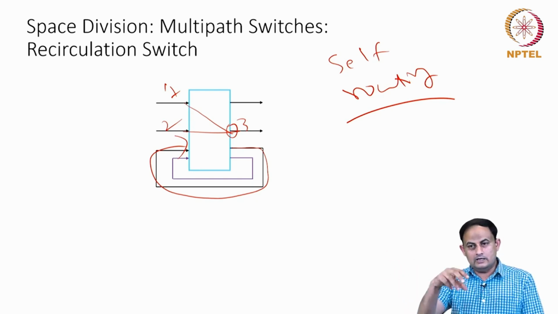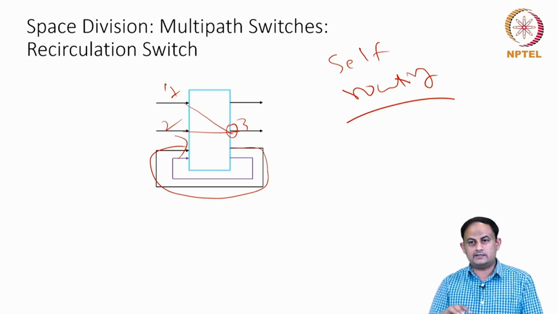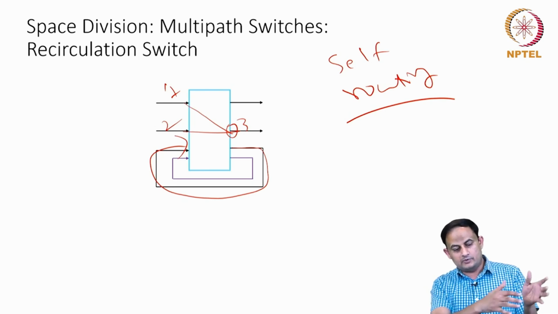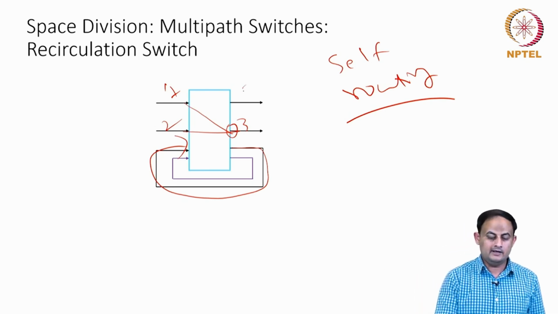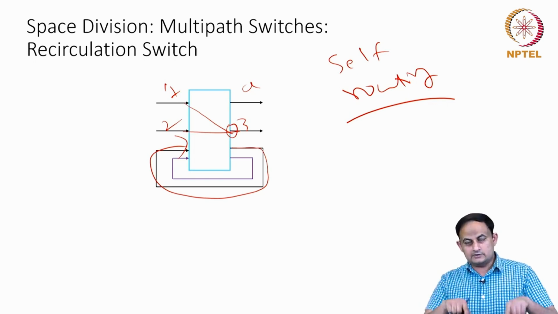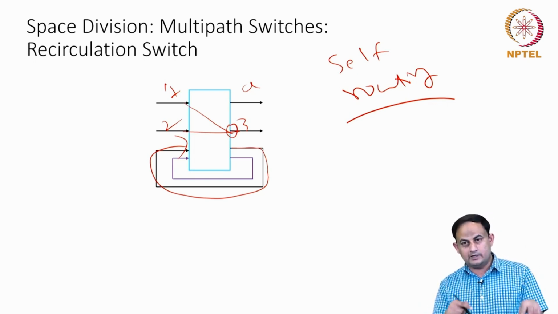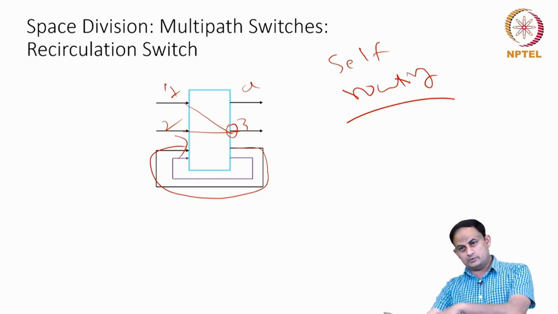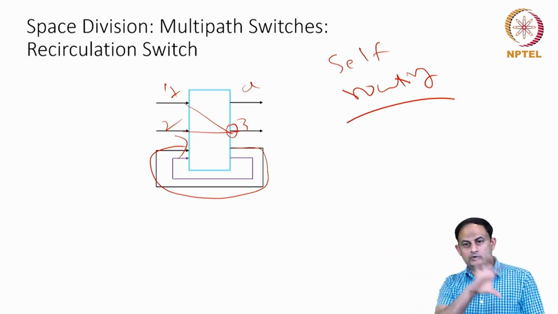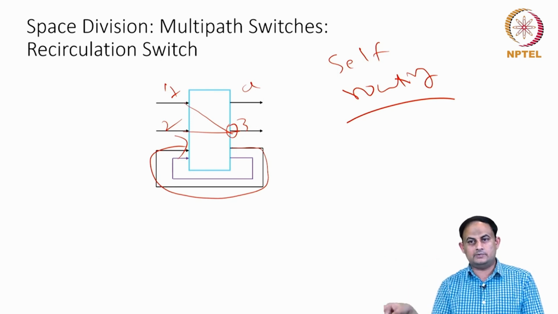So, you cannot really use the parallel paths that exist for transmission from the same input port number 1 to the same output port number A. Assuming there are two different paths, it does not necessarily mean that I will be able to transmit two different packets from the same input port to the same output port. From 1 to A, two different packets are not parallelly transmitted.